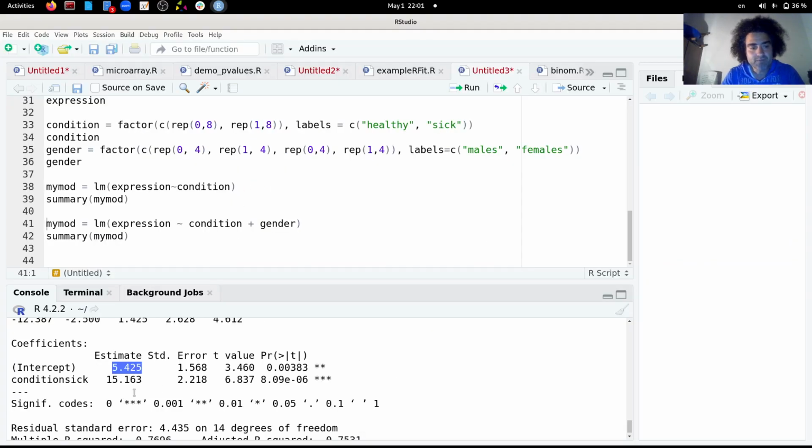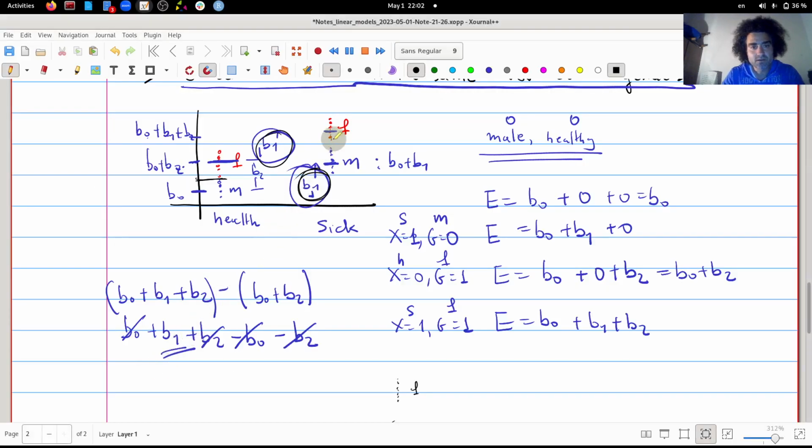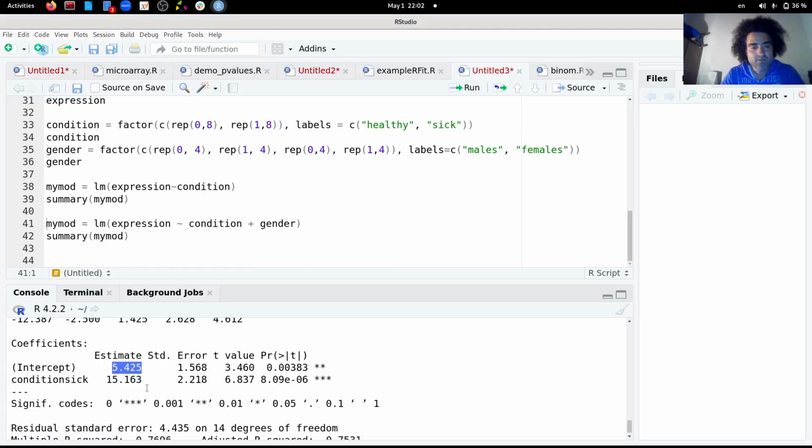And being sick has a plus 15.16, so up to here this difference is 15.16 and statistically significant. Okay, then you might wonder, why use the gender, since if we don't use the gender, we still find that the effect of being sick is statistically significant.